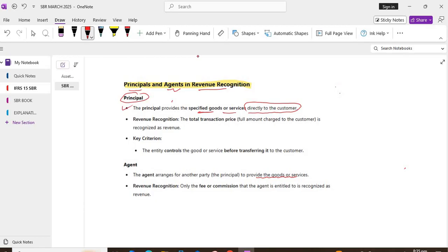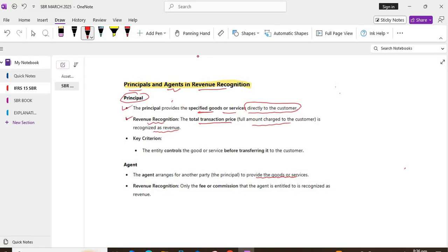So revenue recognition, if you are acting as a principal, the total transaction price will be your revenue. The full amount charged to the customer is recognized as revenue.